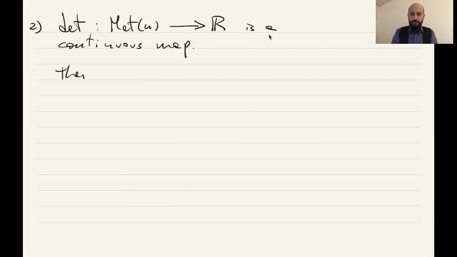Therefore, the space GL_n, where the determinant is different than 0, is the pre-image of an open set, R minus 0.